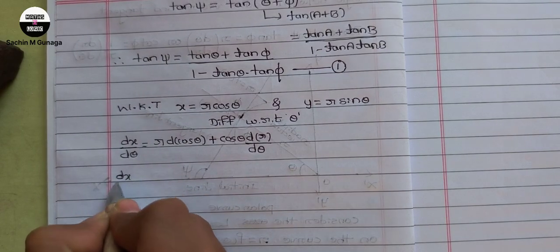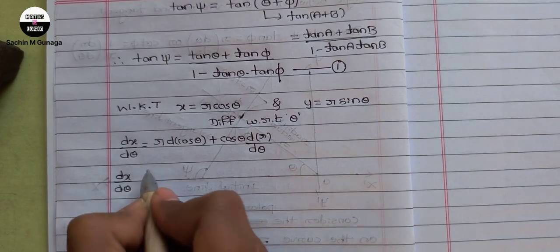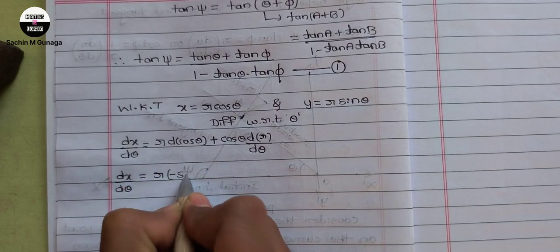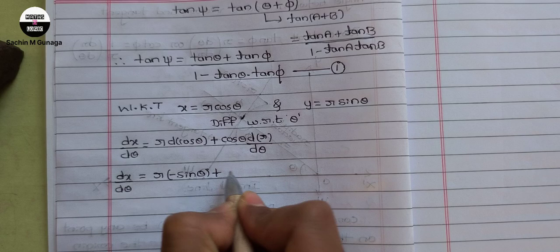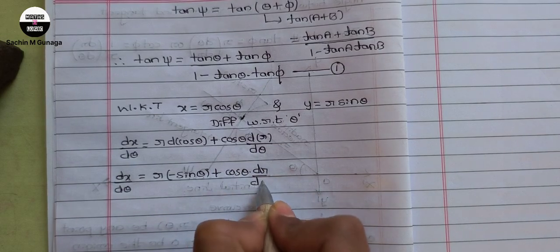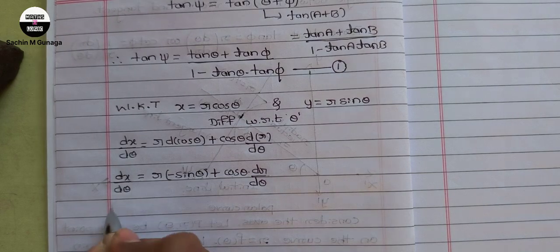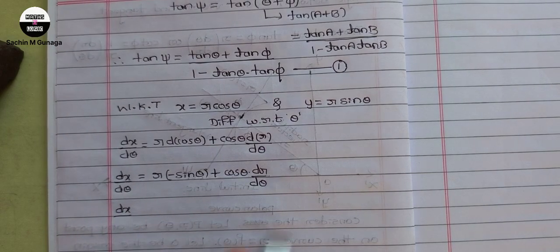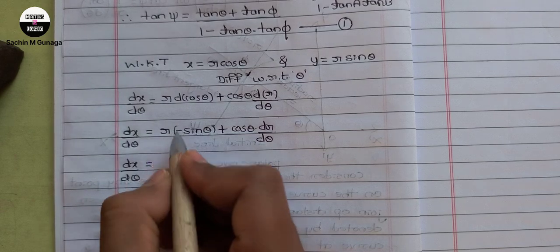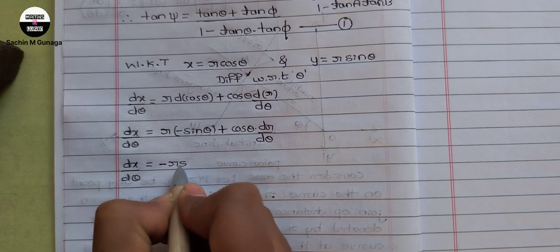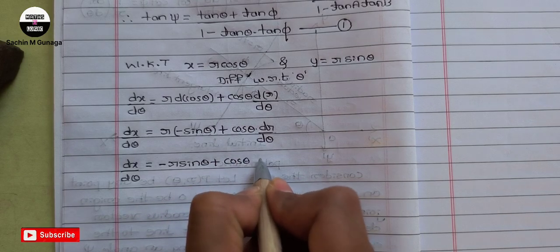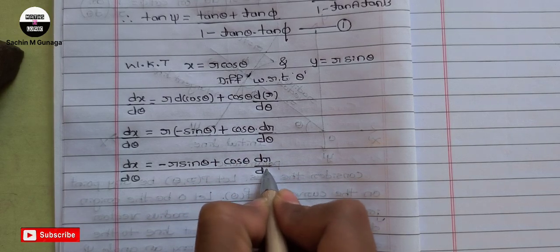Therefore dx divided by d theta is equal to r into the differentiation of cos theta, which is minus sin theta, plus cos theta into dr divided by d theta, which I am going to keep as it is. Therefore dx divided by d theta is equal to minus r into sine theta plus cos theta into dr divided by d theta.